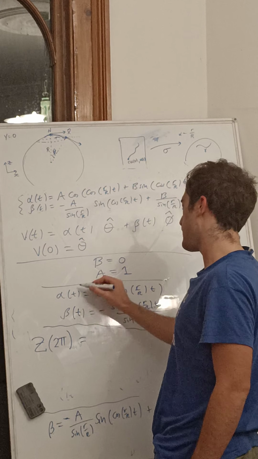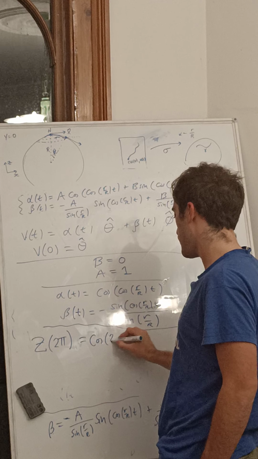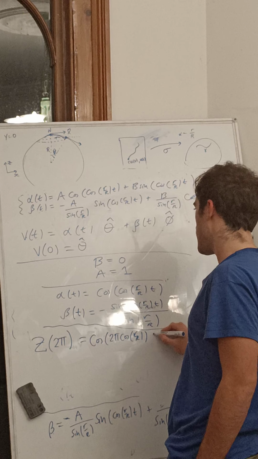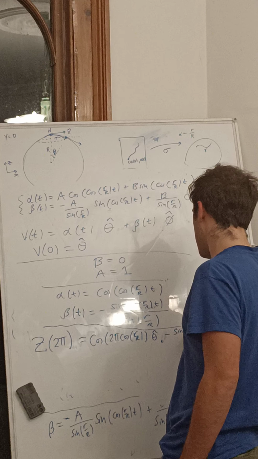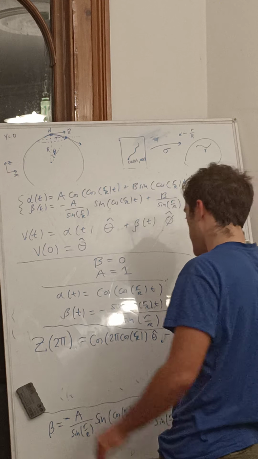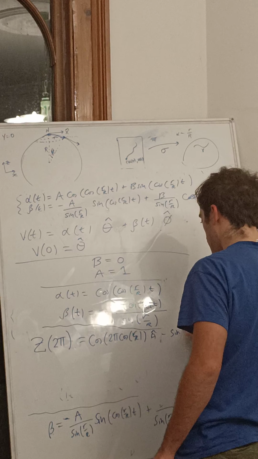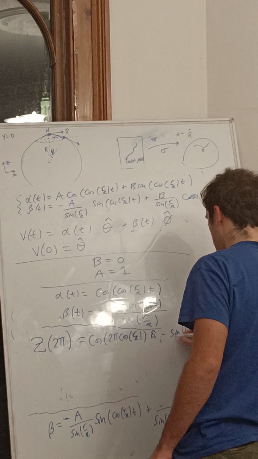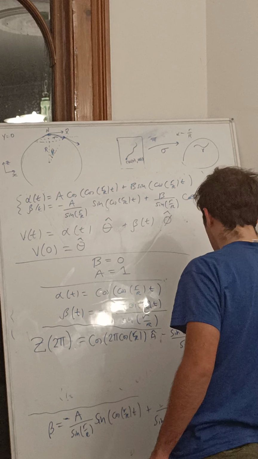So we just evaluate these at 2 pi, and we get cosine of 2 pi cosine of little r divided by r times theta hat, plus or minus, so minus sine of 2 pi cosine of little r divided by r divided by sine of little r divided by r times phi hat.